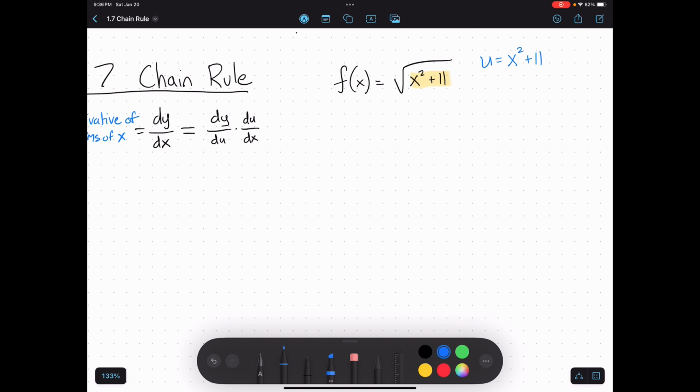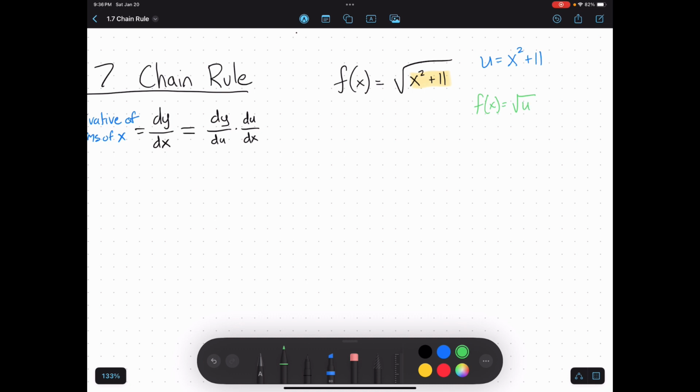What does that do? That gives me a function u that's in terms of x, and it also gives me my original function. It turns it into a function in terms of u.